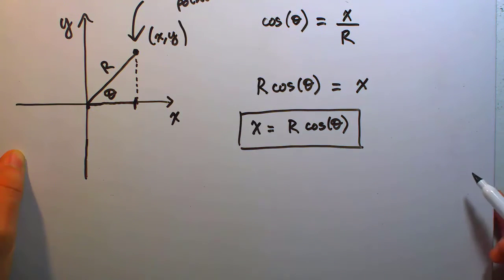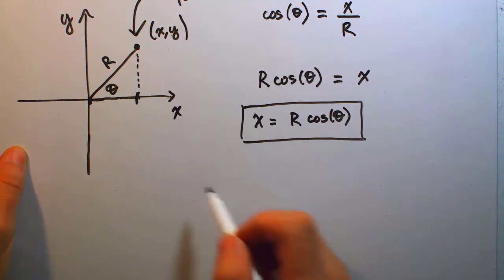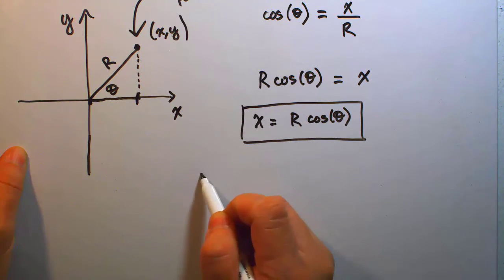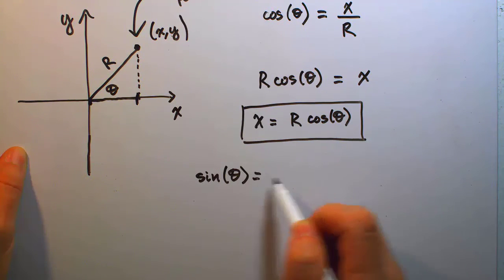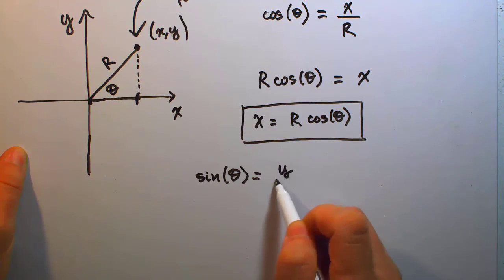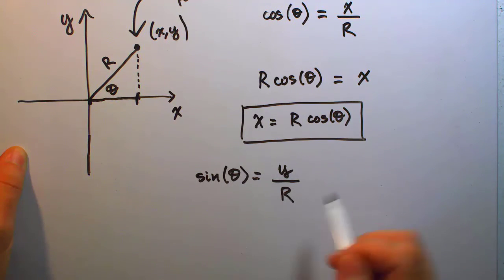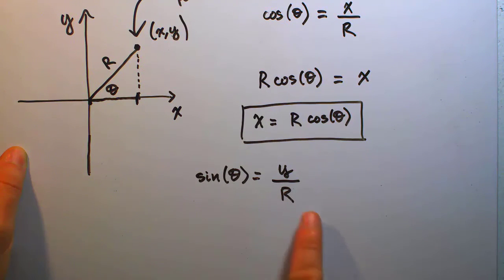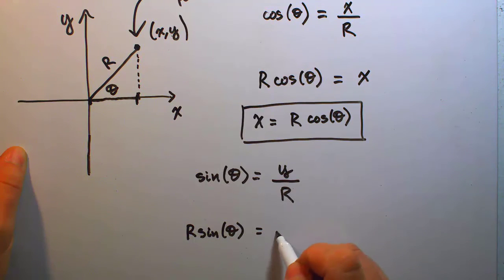Similarly, we start out knowing that sine theta equals the y coordinate divided by radius r. We can rearrange by multiplying r to both sides of the equation, and we end up with r multiplied by sine of theta equals the y value.